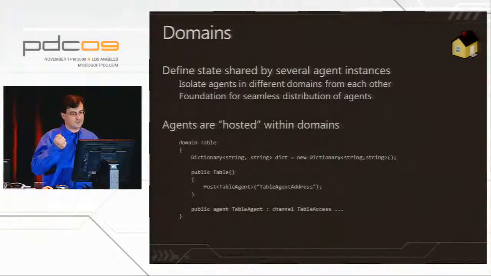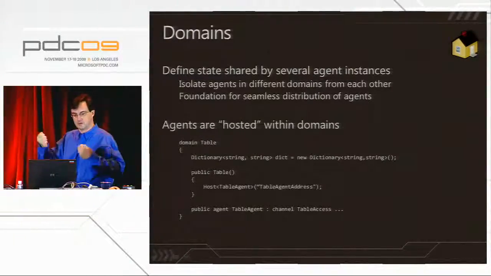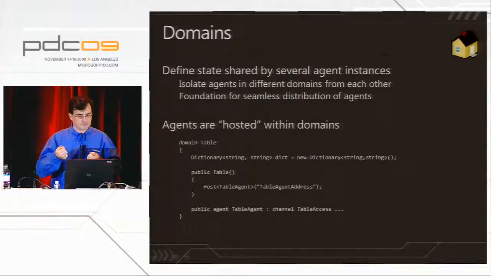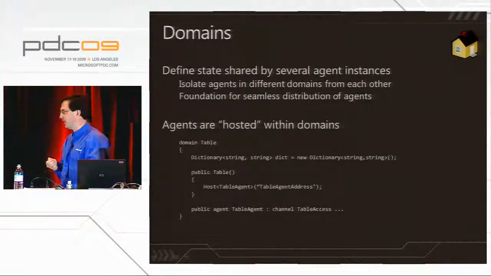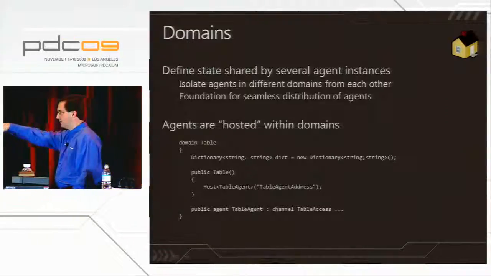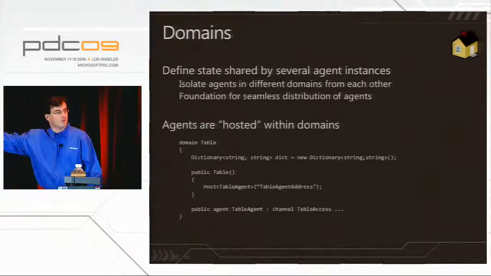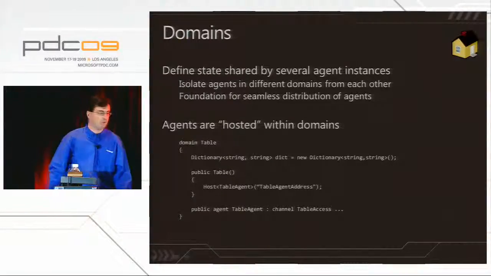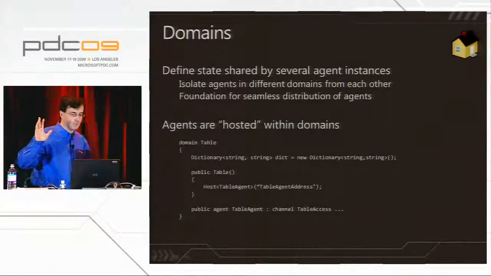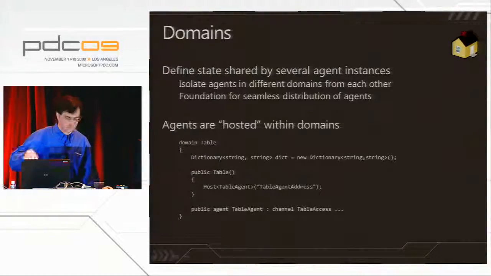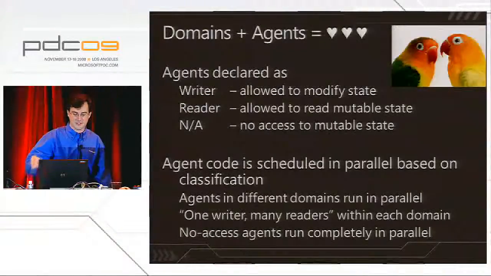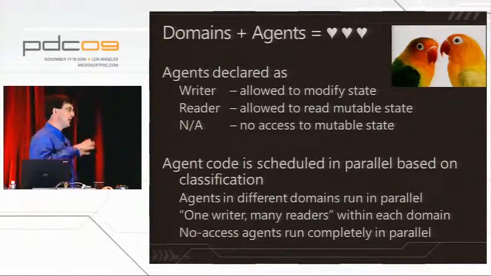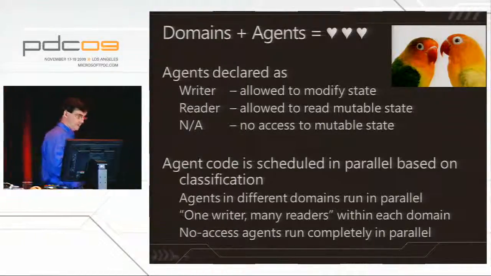So this is instance level hosting, whereas this lexical containment is a type level hosting, where we actually associate an address, here again a string, with a factory for agent instances of a particular type. Okay. And we don't see the details of what that looks like. And it's where domains and agents come together where all the magic happens.